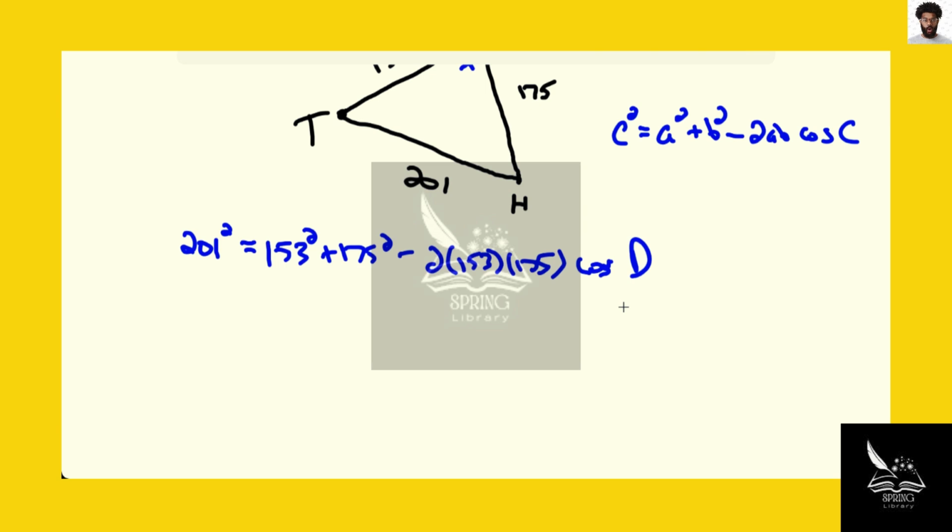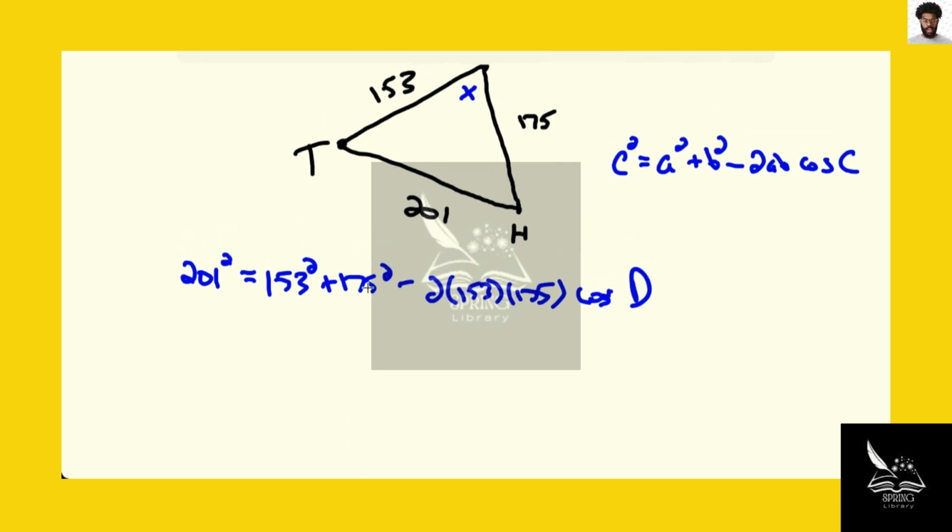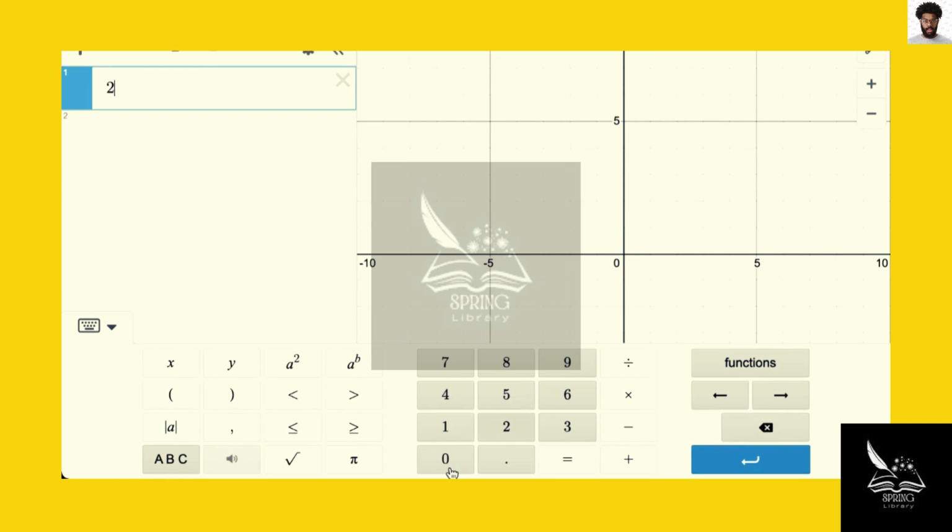Okay, so in a calculator, I'm going to do 201 squared, and I'm going to subtract the 153 squared and 175 squared. So 201 squared minus 153 squared minus 175 squared is negative 13,633.